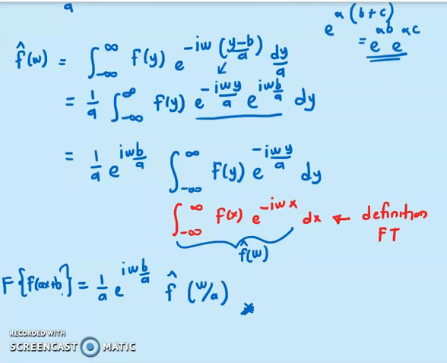Now let's look at one example on how to use this formula. The example is: find the Fourier transform of f(x) equals 5e^(-|x + 2|).